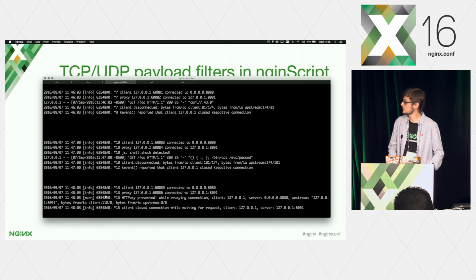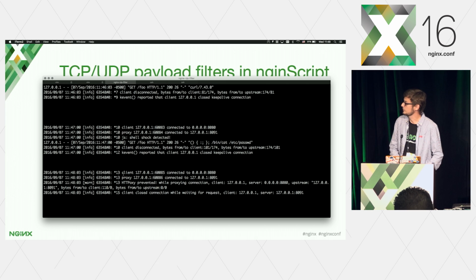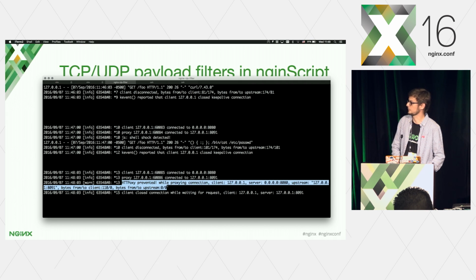And we can see in nginx logs that the connection from the client came. Then we connected to our backend, but NginScript detected that there is something fishy going on, and you can see the logging here. And nginx was instructed to abort the connection, and that's exactly what happened. As you can see, we received some bytes from the client, but we didn't send any to the backend, and we didn't send anything to the client as well, and we just closed the connection.